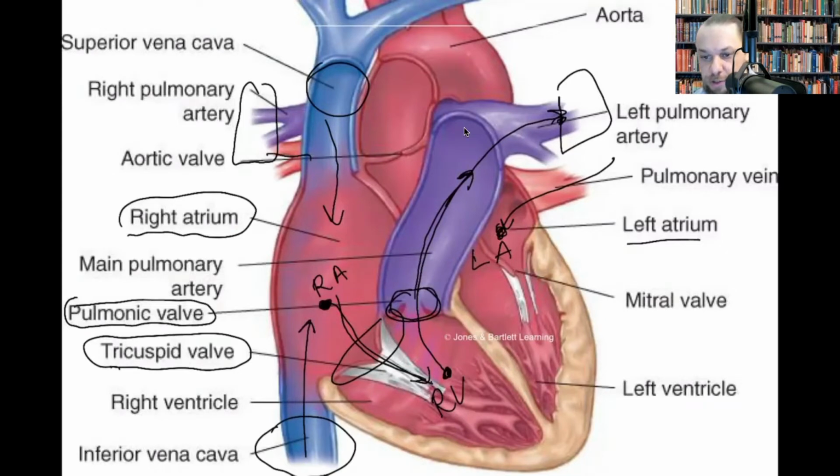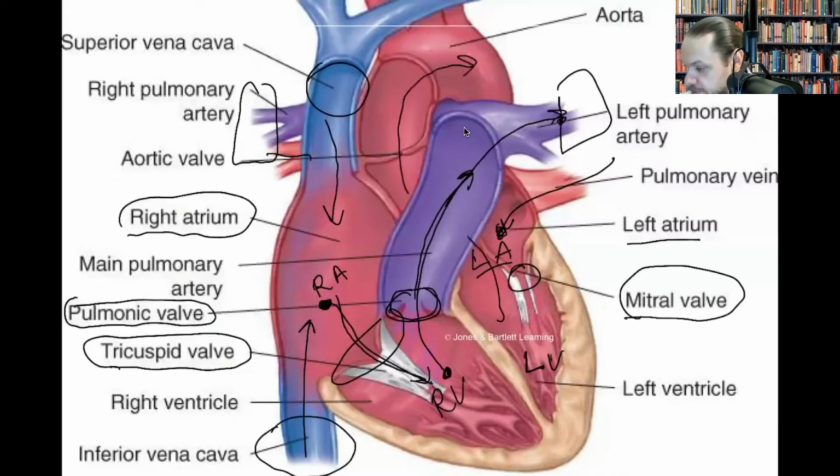It's coming into the left atrium, and the valve that separates the left atrium and the left ventricle is called the mitral valve. Another name for it is the bicuspid valve. So we see it here. From the left ventricle, once it contracts, it's going to propel the blood through here.